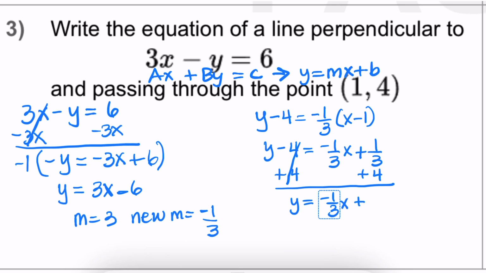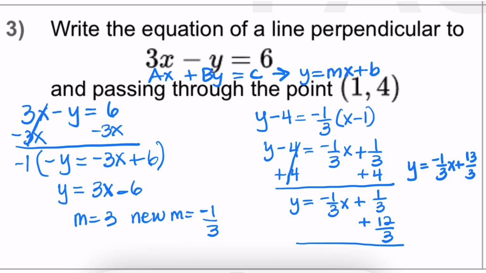So really I'm doing 1/3 plus 12 over 3. You know 12 over 3 is the same as saying 4. So my final answer is really going to be y equals negative 1/3 x plus 13 over 3. And you're done.